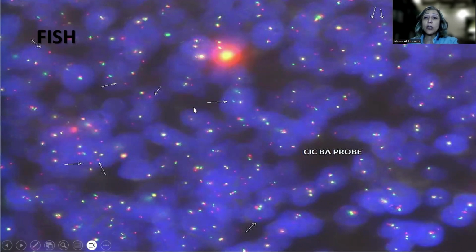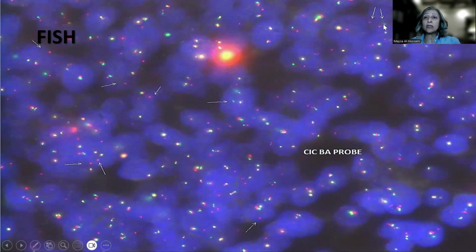What we look for in order to render the diagnosis of the presence of the break apart is the separate green and red signals in the presence of one yellow signal per nucleus. We have to see this appearance in more than 10% of the tumor cell nuclei under fluorescence microscopy in order to render a confident diagnosis.